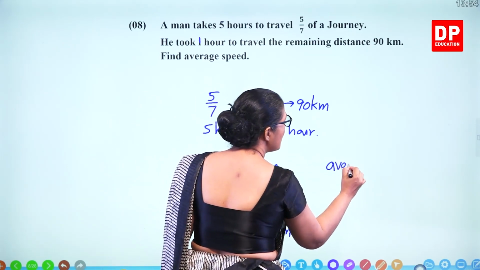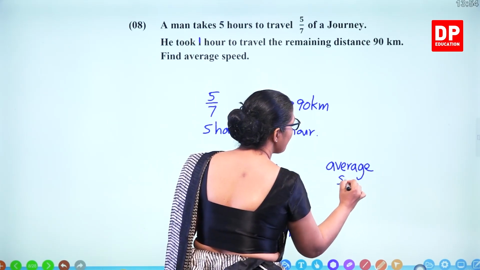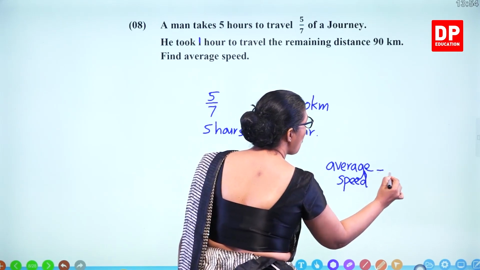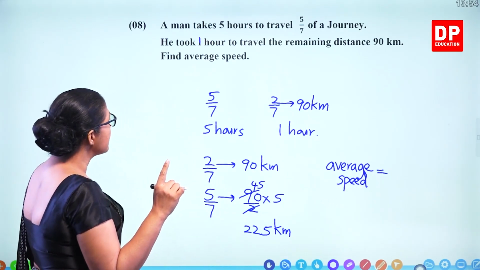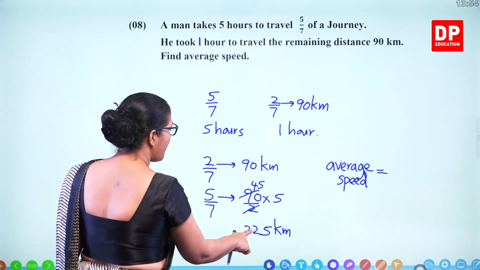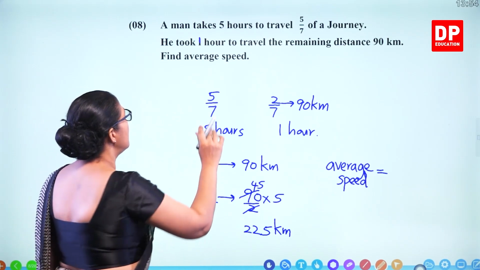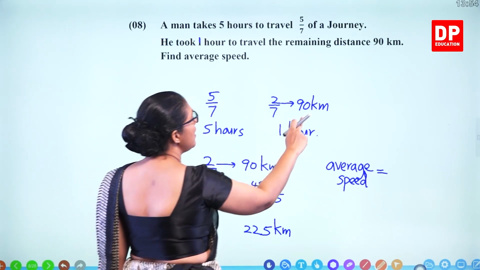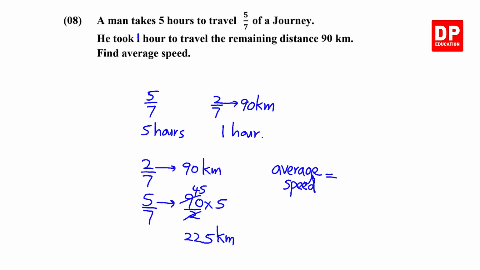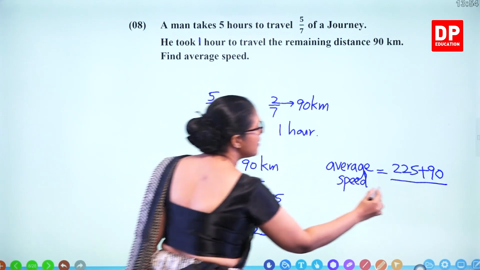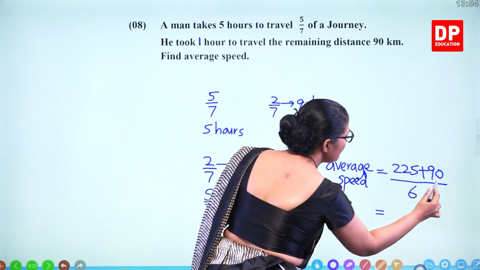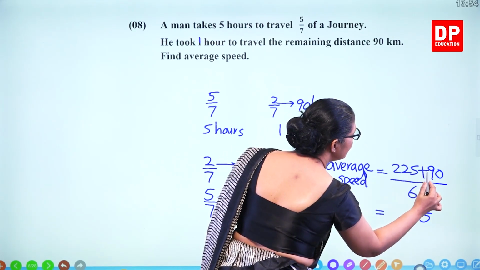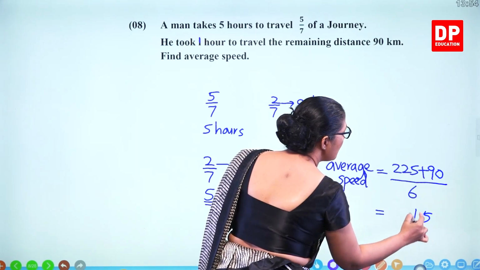So how you find out the average speed? Average speed is equal to total distance traveled. Total distance traveled is 225, this distance, and this is 5 hours. So here 90 kilometers. So you add these two, and what's the total number of hours? 5 and 1, 6 hours. 5, 9 plus 2, 11, 1 remaining.